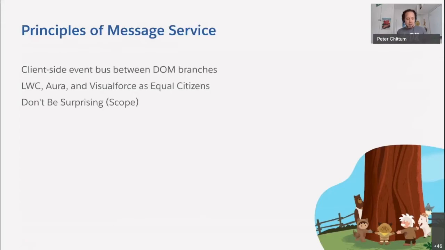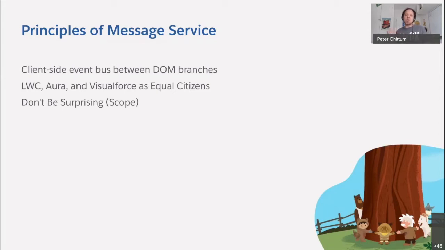When engineering set out to create Lightning Message Service, there were some principles that they had in mind. The first one was to have a client-side event bus that would allow messaging between DOM branches. So on the client side in your browser, where Salesforce has a relatively complex DOM structure when you log in, how can we make it so that those bits of the DOM can message each other directly?